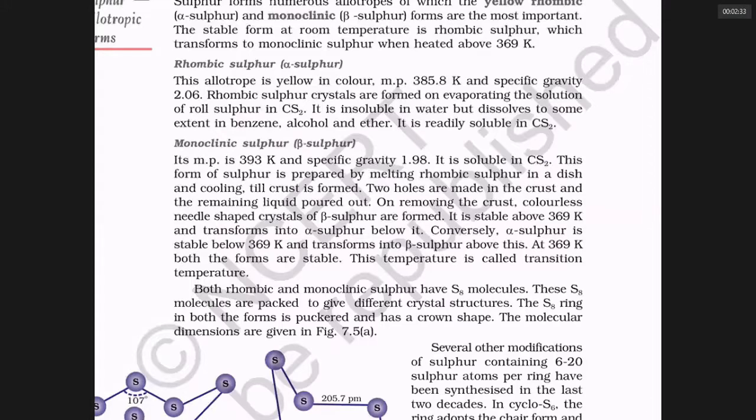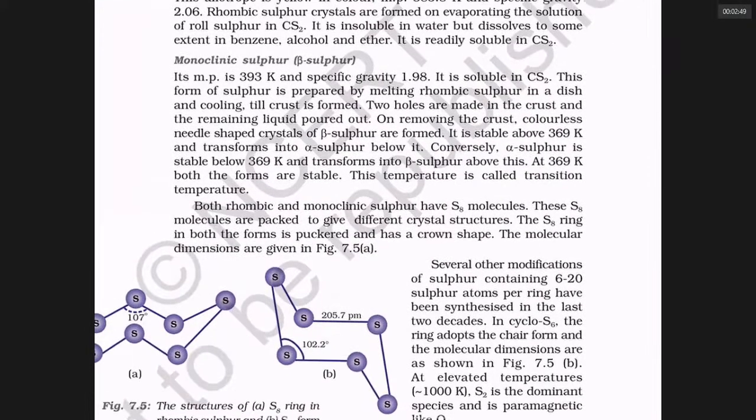What is transition temperature? A temperature where sulfur changes its crystal structure. Below 369, it is stable in alpha form. Above 369, it is stable in beta form. Rhombic and monoclinic sulfurs both have S8 molecules.